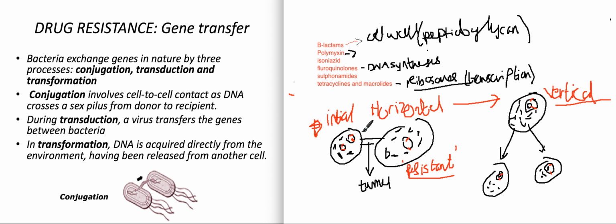Transduction is when a virus transfers the gene between bacteria. So a viral cell gives it off to a bacterial cell.